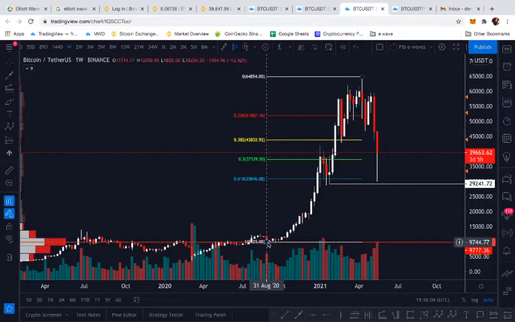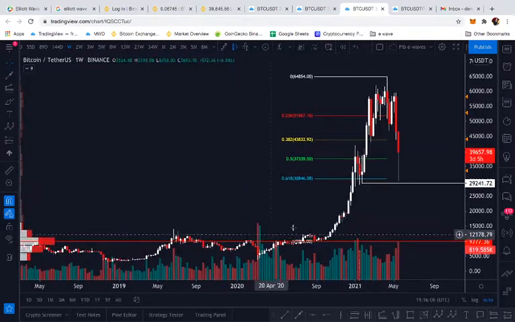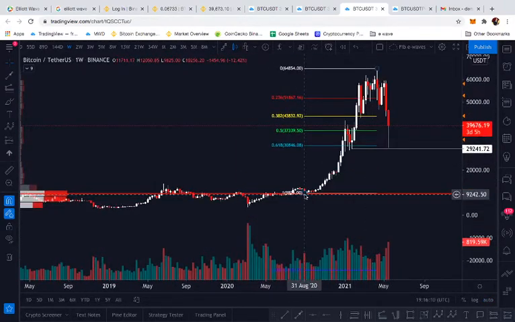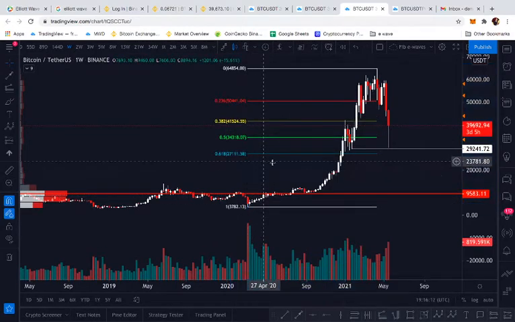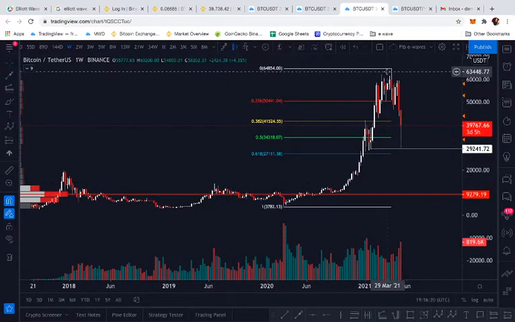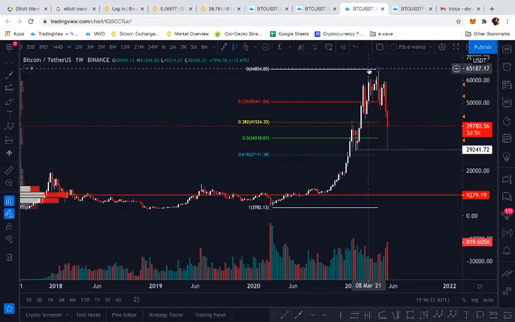If some people think that this is a full wave and it's done, then you would have to pull the whole range, the whole structure, and you would think that this is a 1, or a B, a C, or this is a 1, 2, 3, 4, and then 5 upwards.